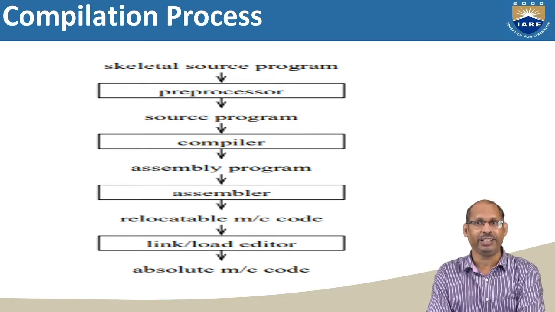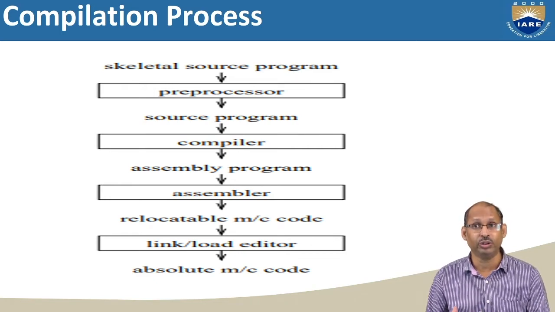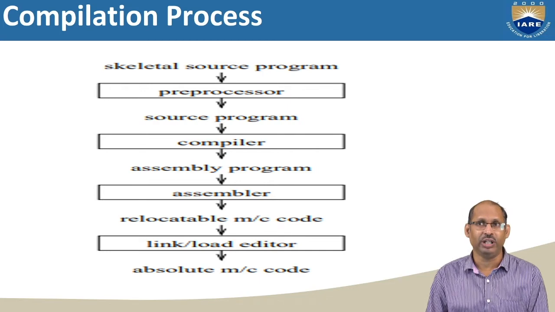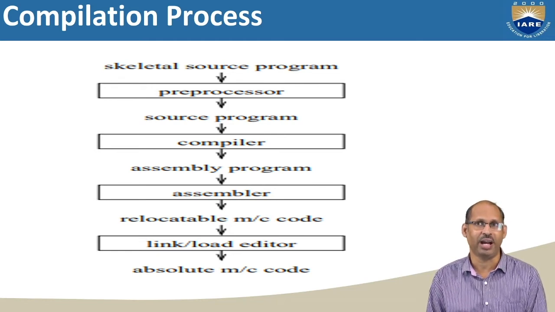It combines the source code from multiple files into a single source program by processing all the preprocessor commands. Include stdio.h, and including other source programs, are all processed by the preprocessor. The hash include is also an example of a preprocessor command.